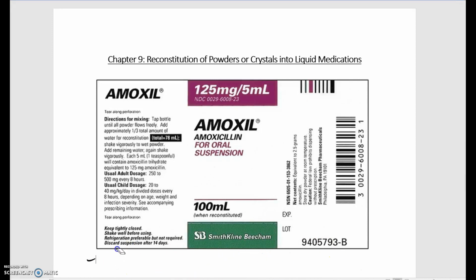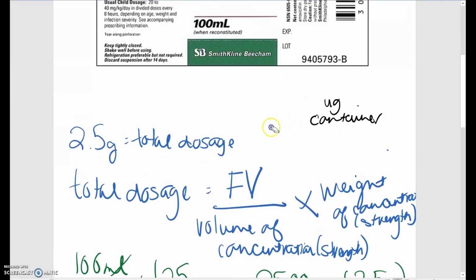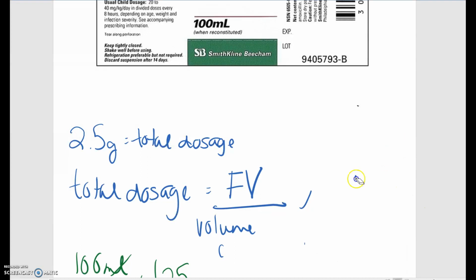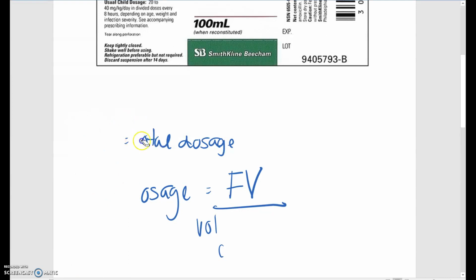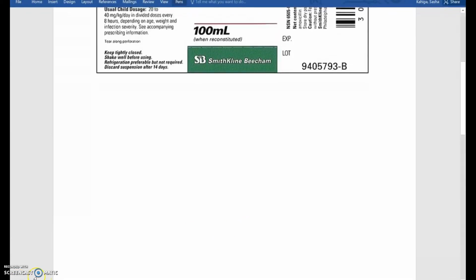The next thing is, if someone asked you, by looking at this label, could you tell me if this label was a single concentration or a multi-concentration medication? What will your answer be? You may ask me, Ms. Cahiga, what does that mean?